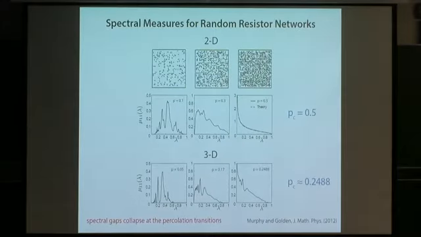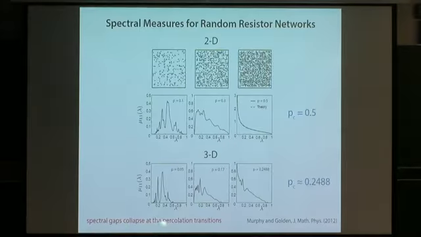Just some simple examples. This is not easy calculation, but these are relatively simple examples. The 2D square network, and these are some spectral measure calculations, and they match up with certain known theoretical results. Again, the spectral measure is really the key mathematical object. When you're below percolation, there's a gap in the spectrum. We got that rigorous bound that I talked about in p-q space associated with that.